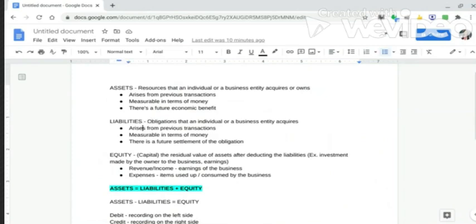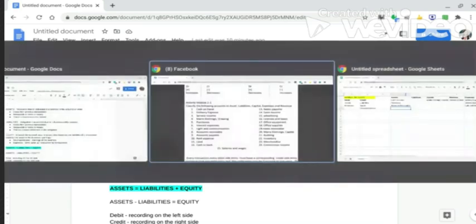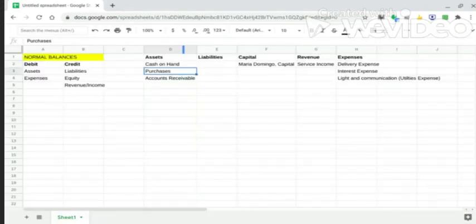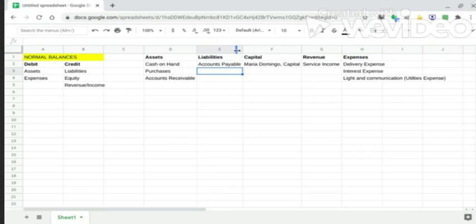Kasi nga, the previous transaction is yung nangutang ka. Measurable in terms of money, magkano ba inutang mo at kailangan mong bayaran. And, syempre, kailangan mong bayaran yan in the future or to settle that obligation in the future. So, accounts payable will now fall under liabilities. Accounts payable.